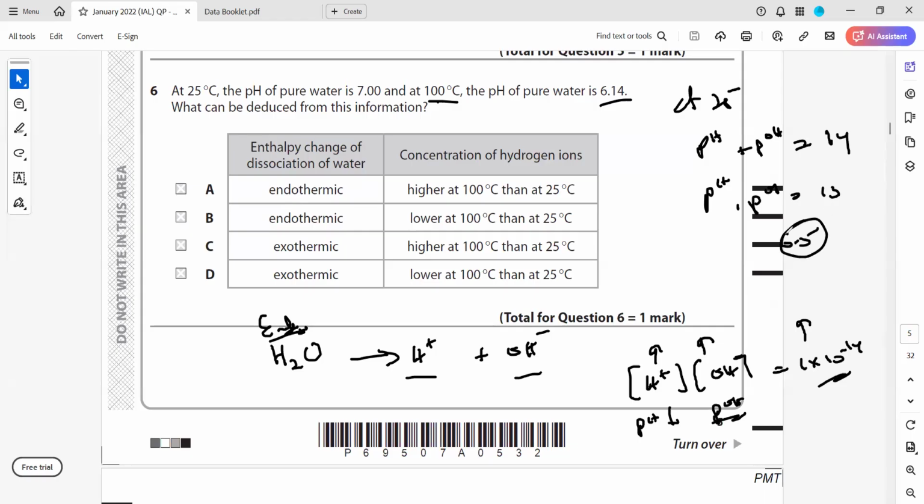Why? Because when the pH is 6.5, the pOH is also 6.5, so the total will be 13. Here, when the pH is 7, pOH is also 7, so the total will be 14.